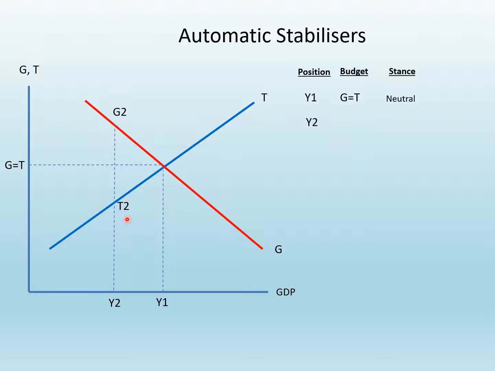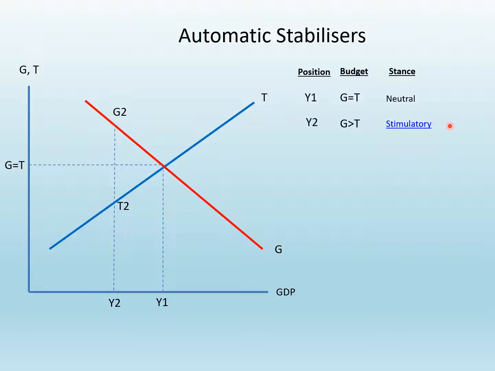Because incomes decline, tax collections decline, and we move from where we were originally down to point T2. If we look at this in the little table that we're developing here, here you have a budget deficit where expenditure exceeds taxes. And in the first instance, the budget is stimulatory.